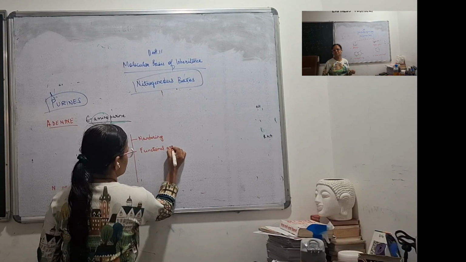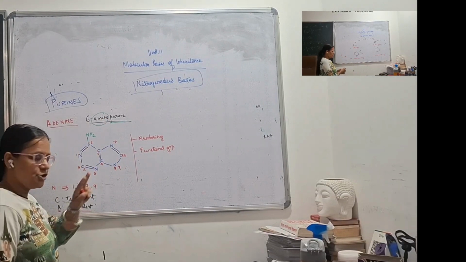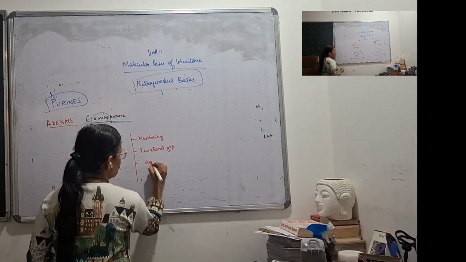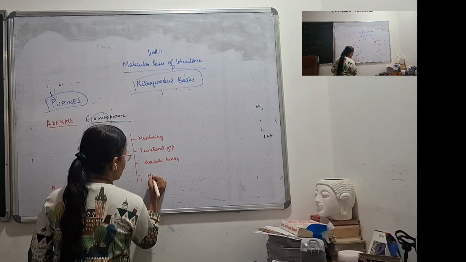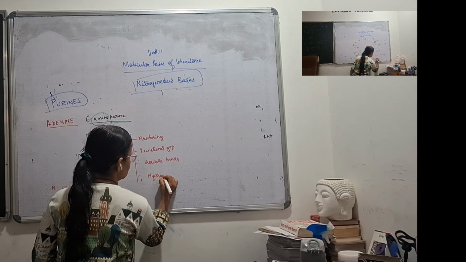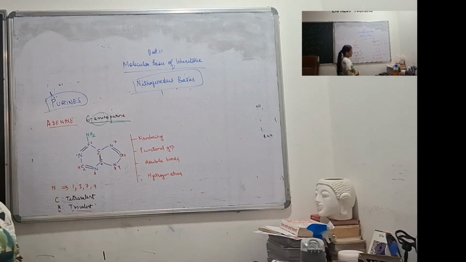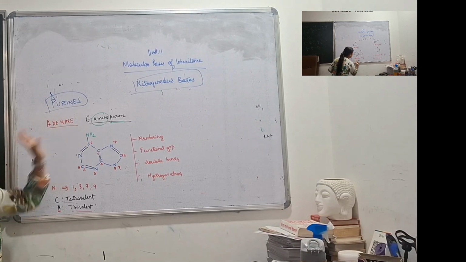Okay. Functional group, like in this case it is amino. So you will add the functional group. Third step is what? Put the double bonds. Okay. And lastly you add the hydrogen atoms. Is this clear? So I hope you don't have to memorize the structure, but you'll have to memorize the name.